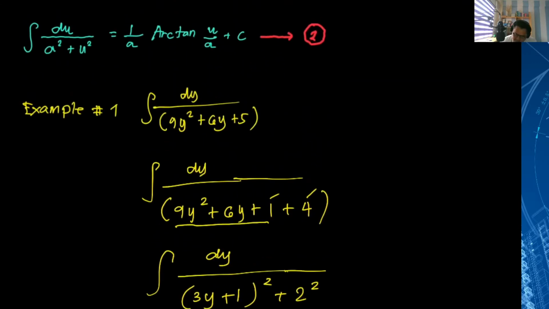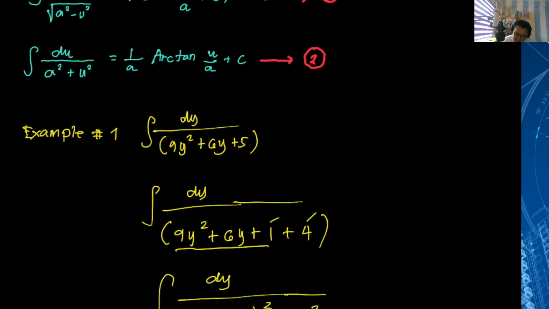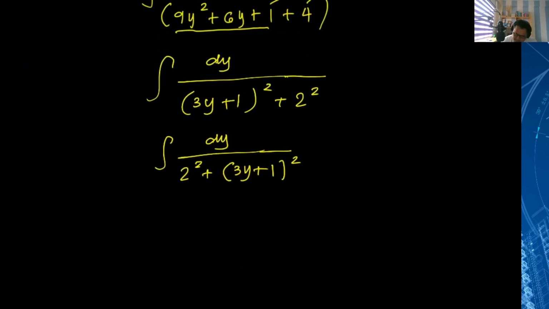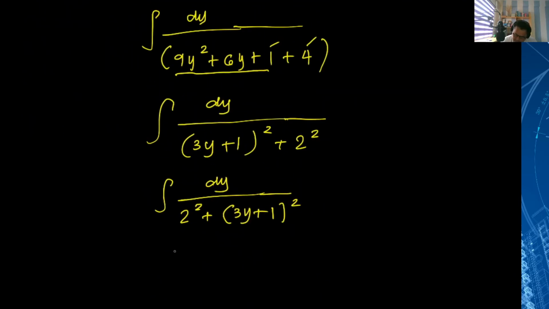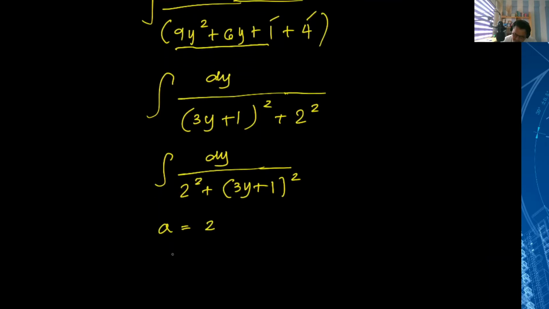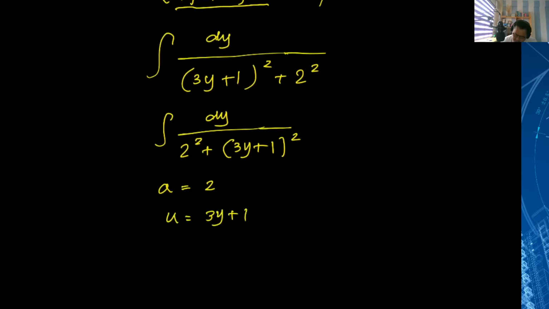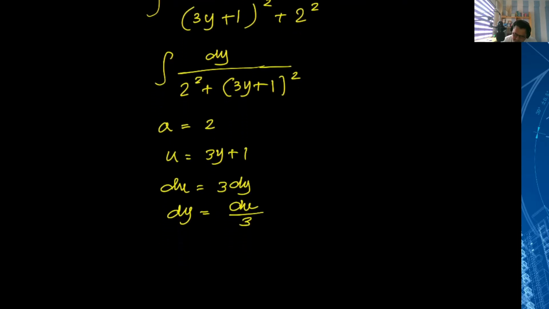This is now in the form of our formula number 2. So what is our a? That would be 2. Our u is 3y plus 1. Our du is 3 dy. Therefore, dy equals du over 3. We must now substitute the values of u and du into our original equation.